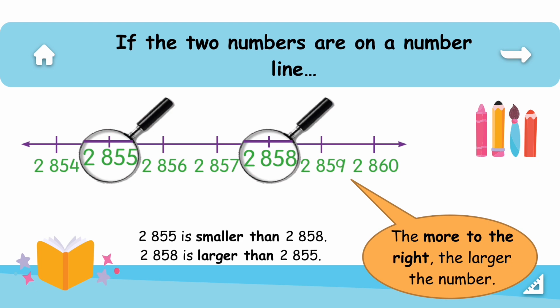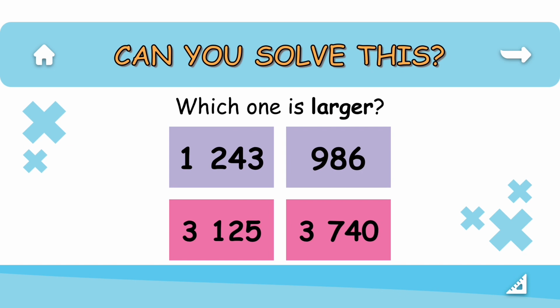So, that means 2855 is smaller than 2858 and 2858 is larger than 2855. Before we end this lesson, let's try to answer a few questions together.